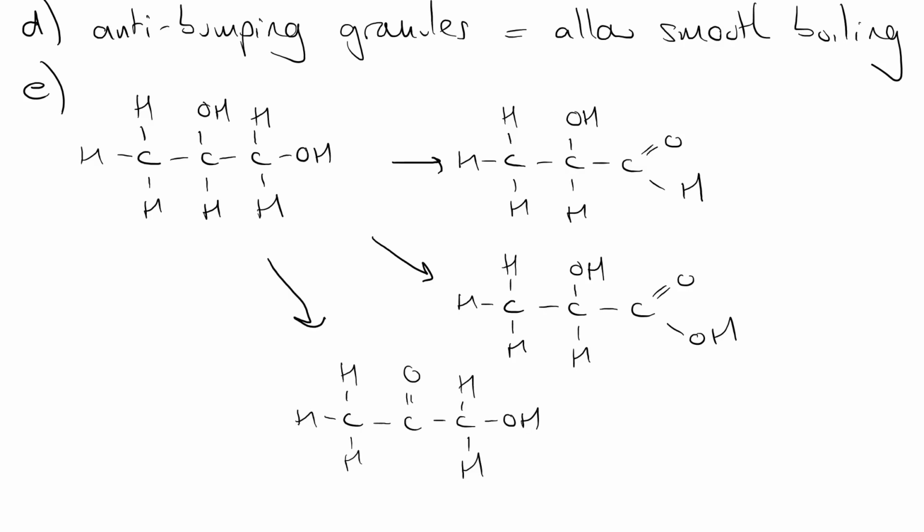Or you could have the middle carbon oxidizing fully to a carbonyl, making the ketone, where the primary alcohol hasn't yet oxidized. That's another partial oxidation product. Or finally, you could have the middle carbon fully oxidizing to the carbonyl, but the primary alcohol only oxidizing to an aldehyde. So any of these four would be the structure of a partially oxidized product.